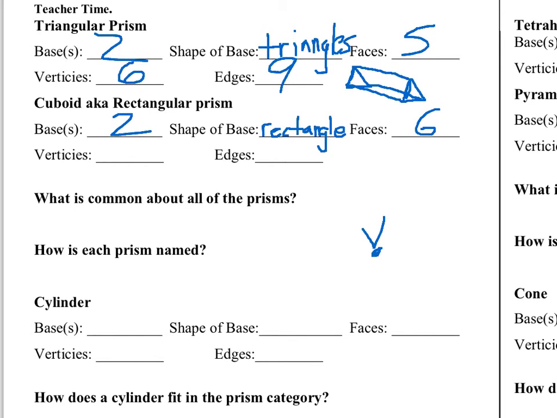So let's talk about drawing this really quickly. Same way we're going to draw any prism is you're going to take the two bases. Draw the two bases. That's ugly. I'm trying that again. Draw the two bases.